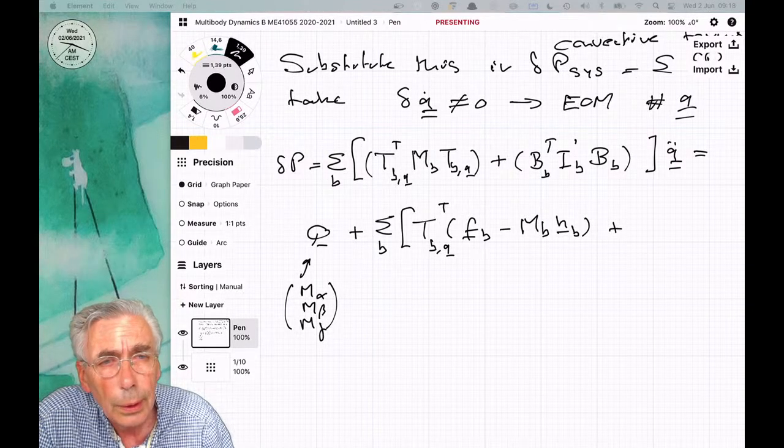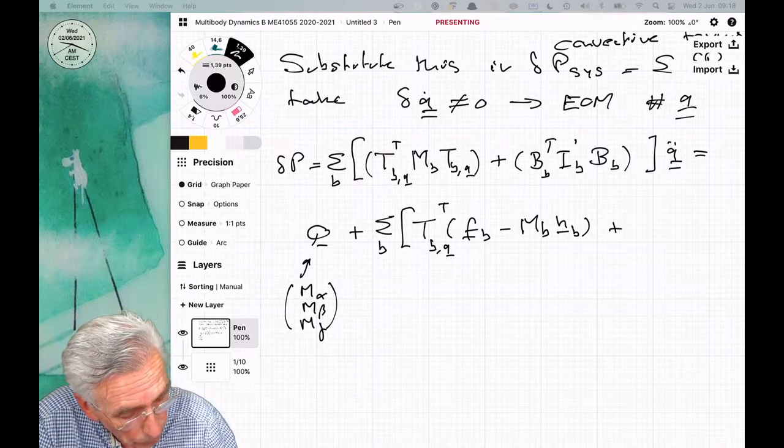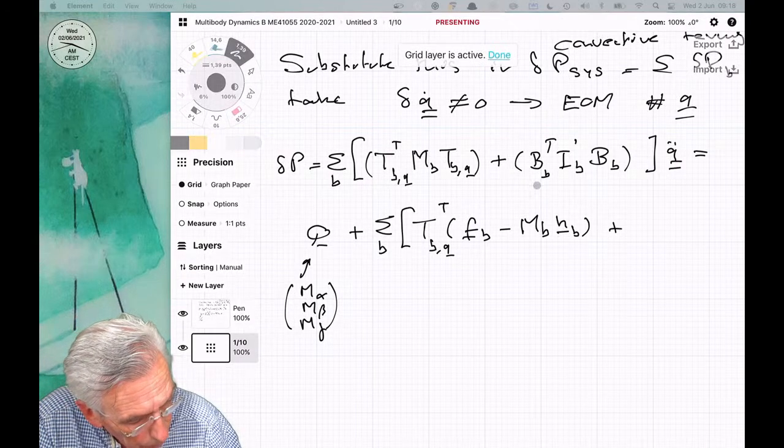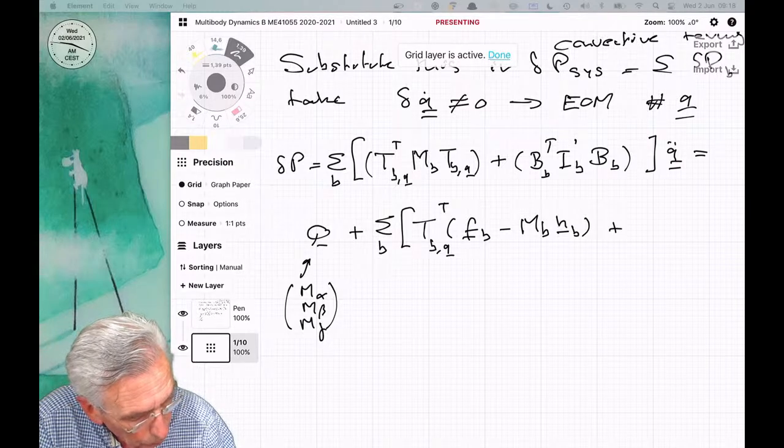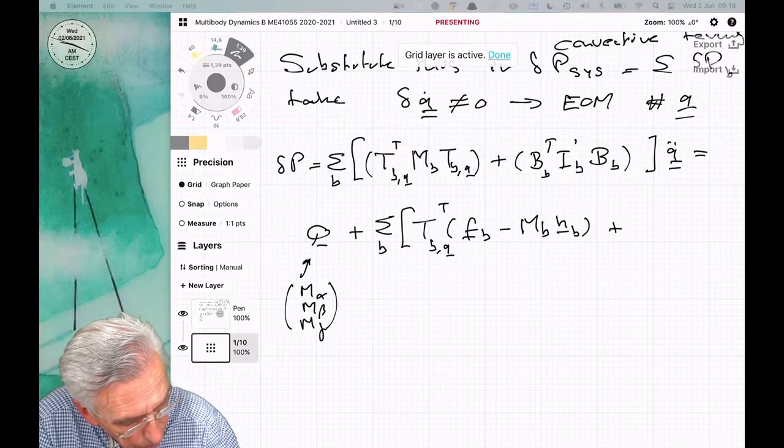And then of course the second part is the Euler part. Inertia terms will be a bit more complex, but we have applied torques.